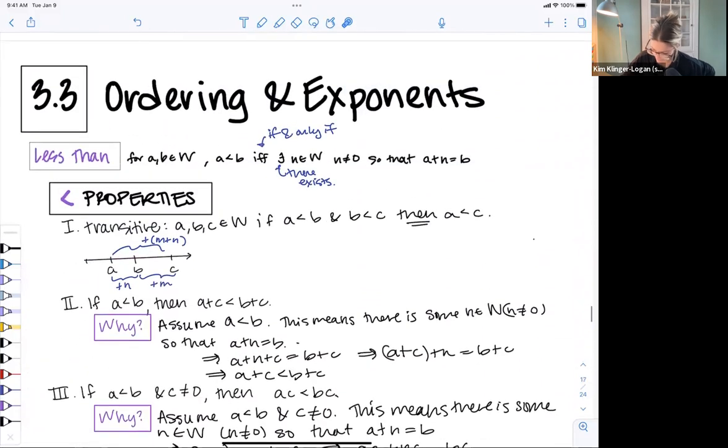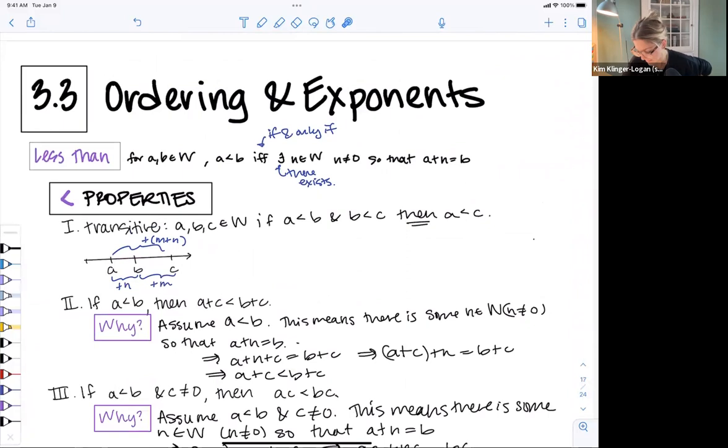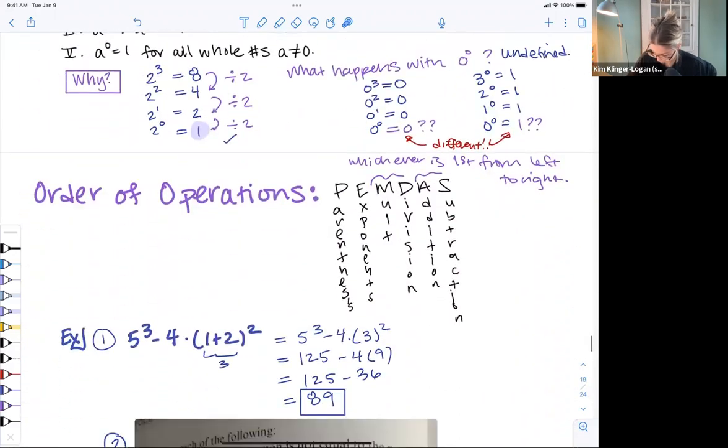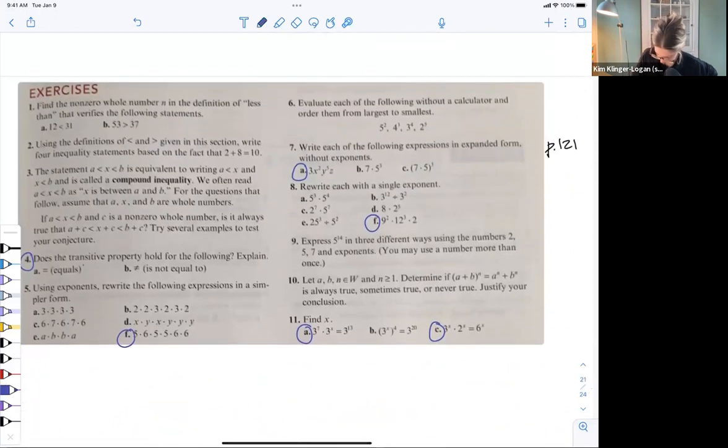We said if A is less than B and B is less than C, then A is less than C. And we said it also holds for equality. So if A is equal to B and B is equal to C, then C has to be equal to A as well.